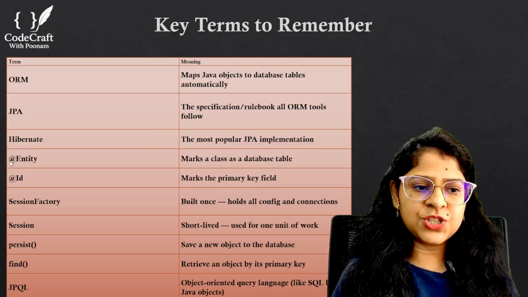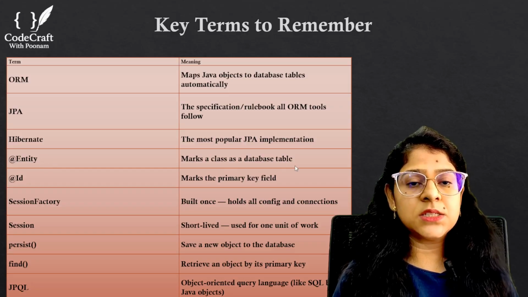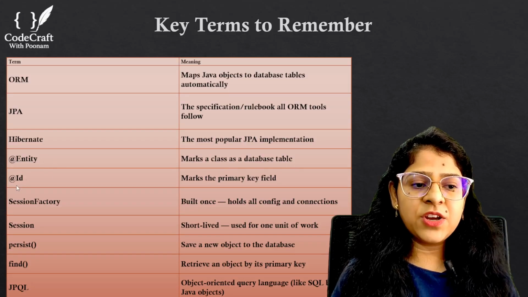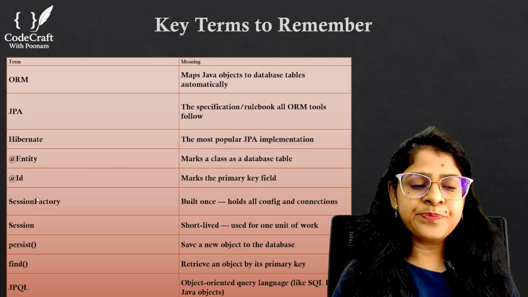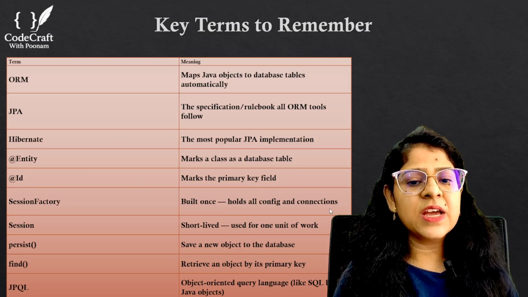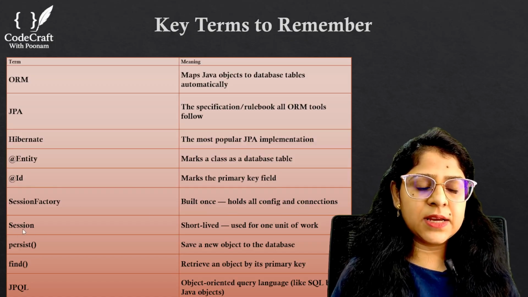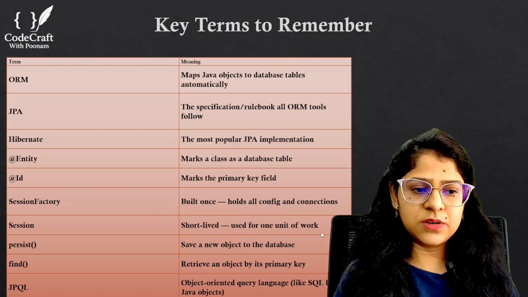Here we have annotations like @Entity, which is used to mark a class as a database table. And then we have the annotation @Id, which marks the primary key field. SessionFactory is built once and holds all config and connections. Session is short-lived and used for one unit of work.